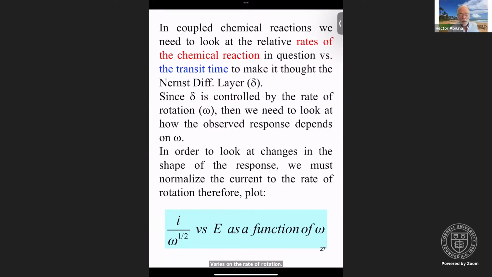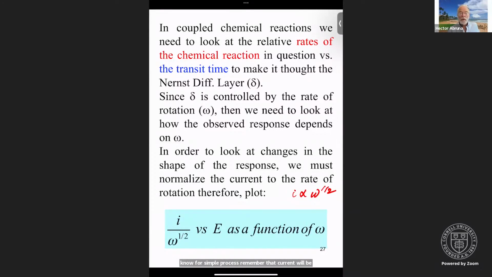But remember, when we were talking about changes in the voltammetric profile as a function of rate of rotation, we mentioned that in order to eliminate the dependency of the current on the rotation rate, remember from Fick's law, the current for a simple process will be proportional to omega to the 1/2, right?